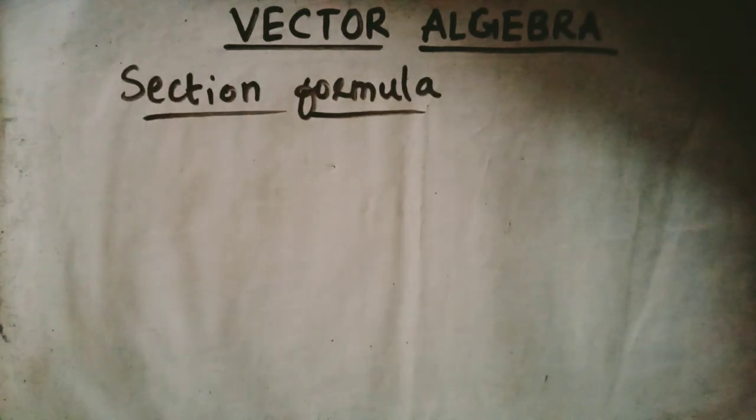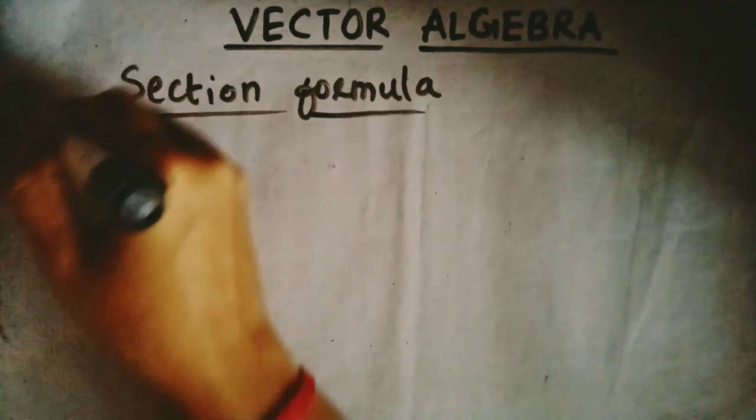Next is the section formula. We had learned the section formula in standard 10th, for coordinate geometry. It is the same way here. When R divides PQ internally, there was internal division, external division and midpoint, so in the same way here also there is internal, external and midpoint.